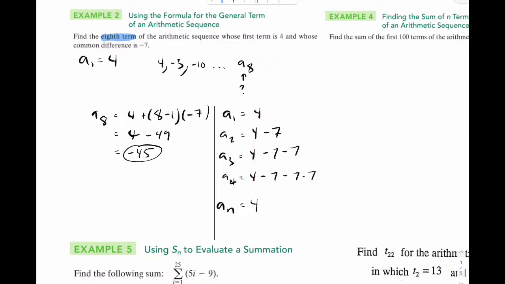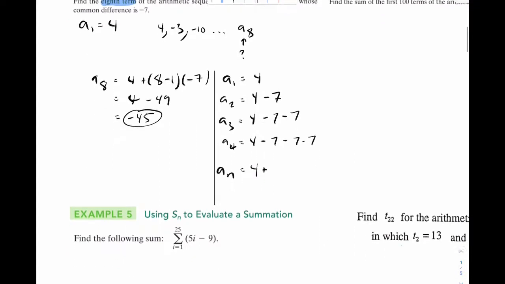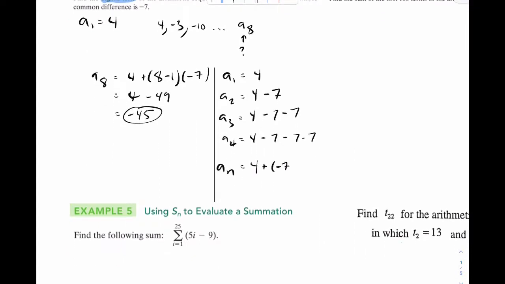We're at 4 plus, maybe I'll make that a plus, it might be easier to see, plus -7 times, and how many 7s are there going to be? Well, again, look, on the fourth term there are 3. The third there are 2. So for the nth term, there are going to be n minus 1 sevens, meaning 1 less 7 than the term number.